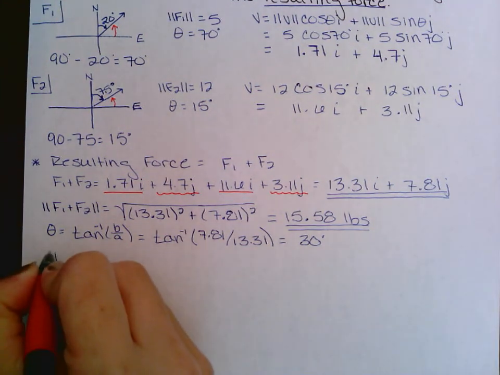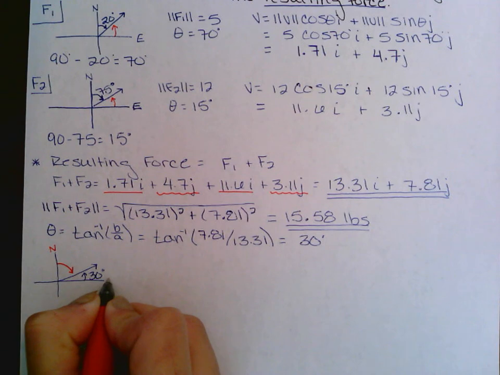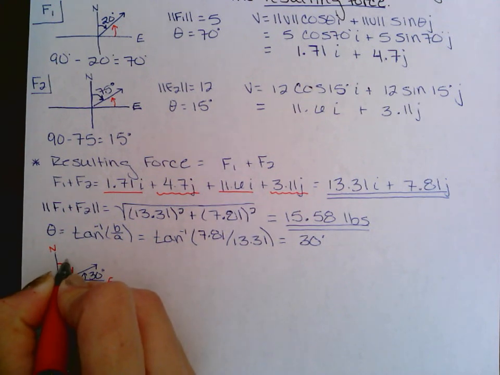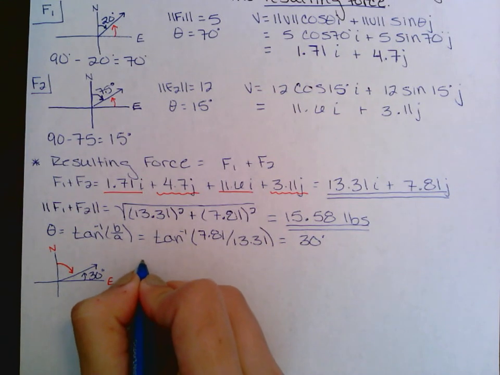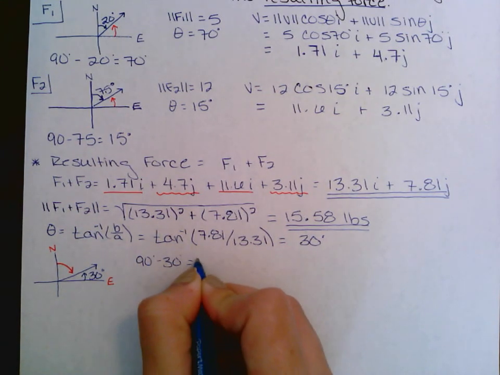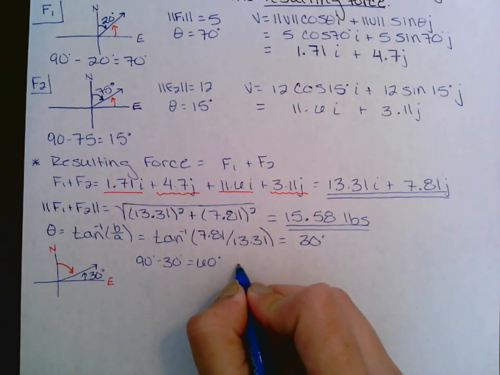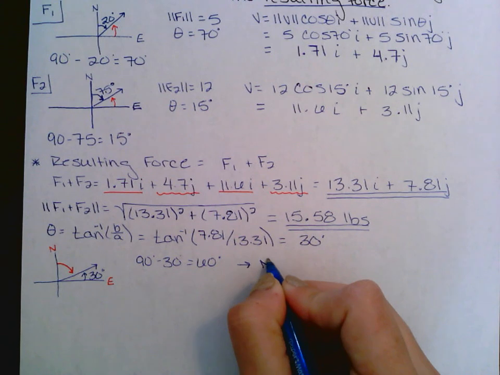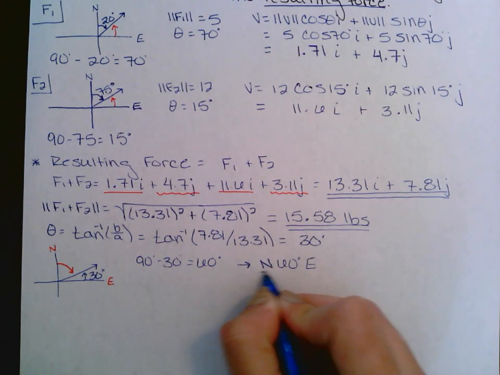Since I'm in quadrant 1, I would go from north towards east, and I would have to find out what this value is. So that value is going to be 90 minus 30, which gives me 60, which means that my direction would be north 60 degrees east.